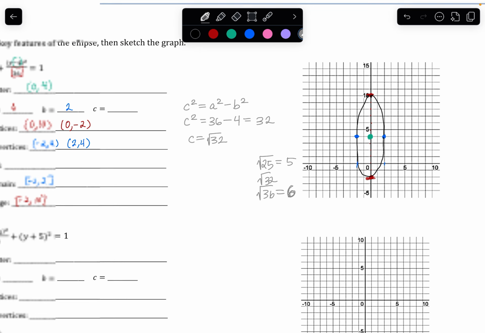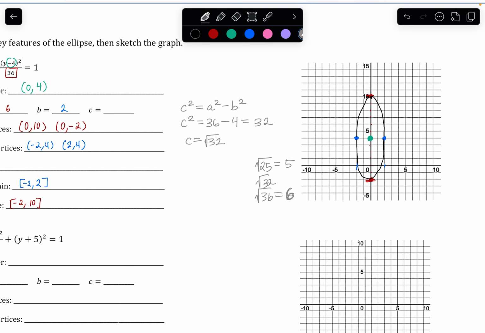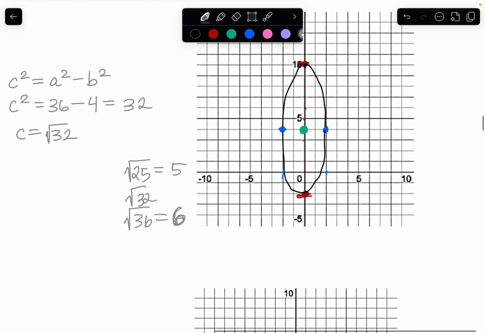And so that square root of 32, which is approximately, let's say 5.5. So that means we're going to go 5.5 units up from the center and 5.5 units down from the center to get the foci. So 1, 2, 3, 4, 5, and so they're really close to the vertices.